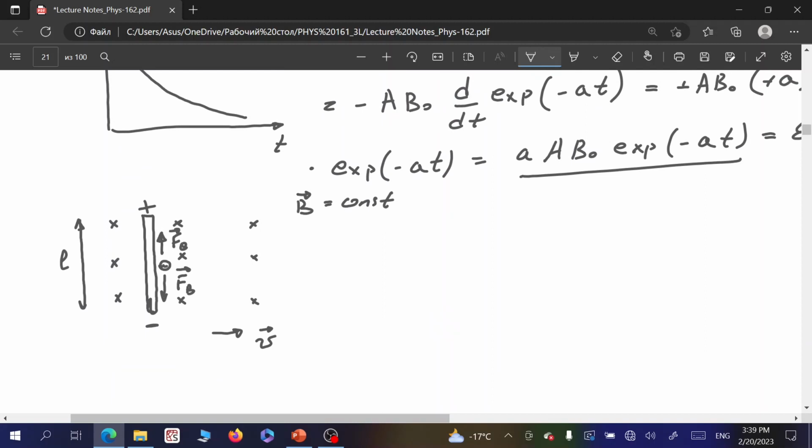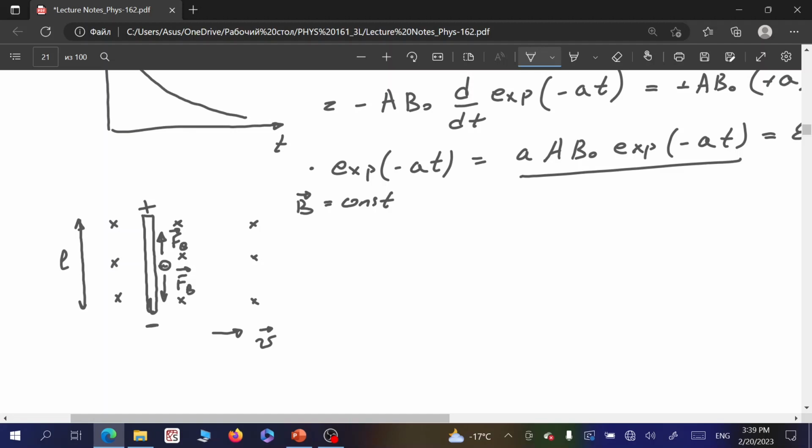Electric force. And this electric force will be in the opposite direction to the magnetic force. So these rearrangements of space charges, negative and positive, will happen until which moment of time?